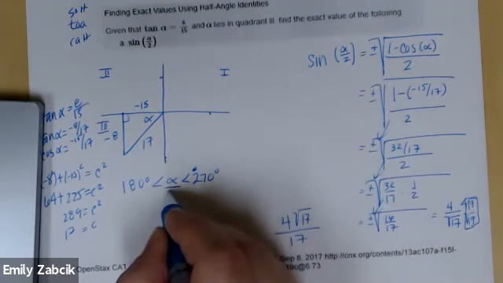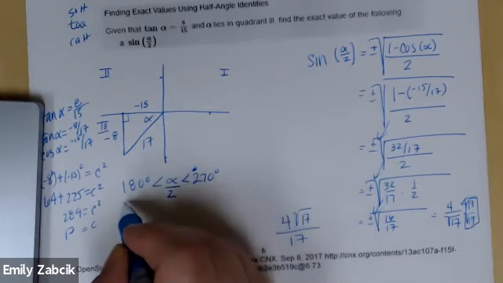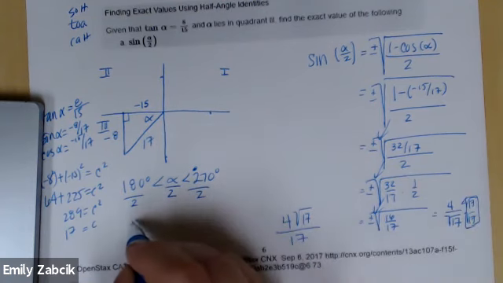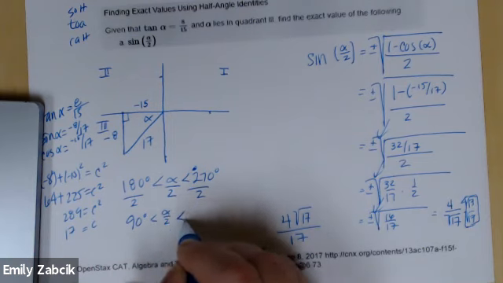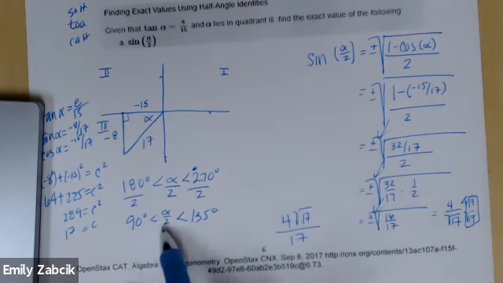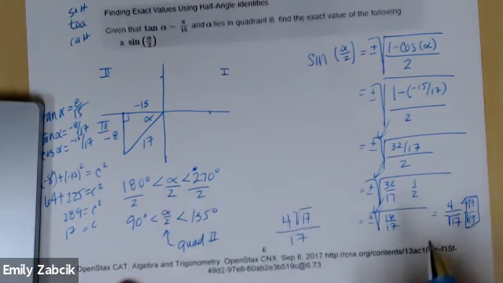So if I want to know where alpha over 2 lies, what quadrant, I would divide them all by 2, right? Going back to like chapter 1 of college algebra, dividing an inequality here. So this gives me 90 for alpha over 2, and 270 divided by 2 is 135. Doesn't this make alpha over 2 now in quadrant 2?